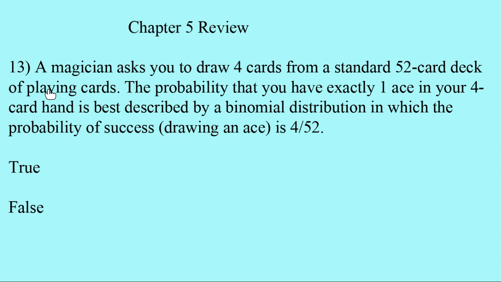Okay, number 13. A magician asks you to draw 4 cards from a standard 52 card deck of playing cards. The probability that you have exactly 1 ace in your 4 card hand is best described by a binomial distribution in which the probability of success drawing an ace is 4 out of 52. Is that true or is that false?